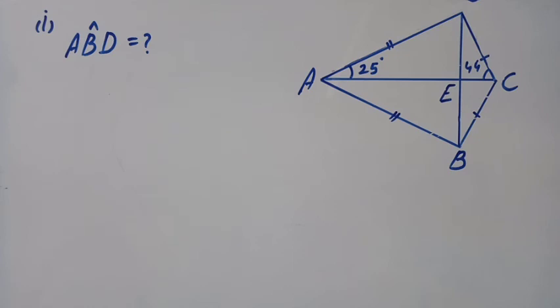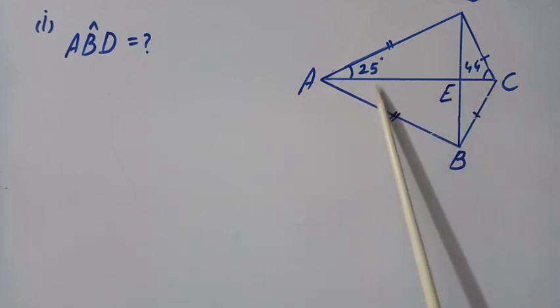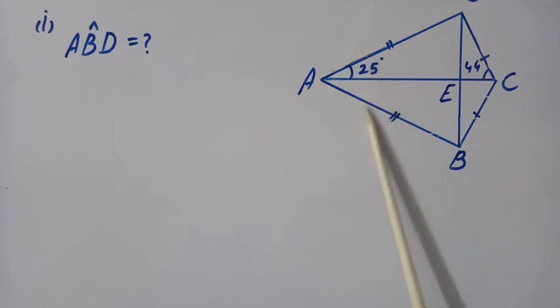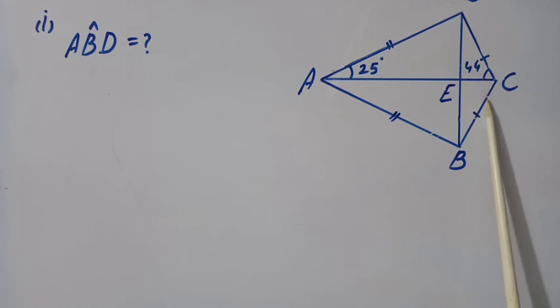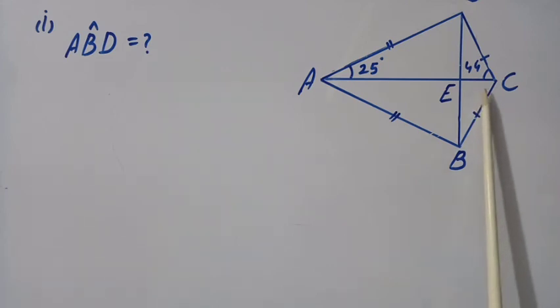And the other quality it has, one diagonal is in a way that it bisects the internal angles. तो अब ये पूरा एंगल 50 डिग्री का था जो कि बाइसेक्ट होकर 25 हमें नज़र आ रहा है। ये पूरा एंगल 88 डिग्री का था जो कि बाइसेक्ट होकर हमें 44 डिग्री नज़र आ रहा है। So may I write it as 44 degree and this as 25 degree?